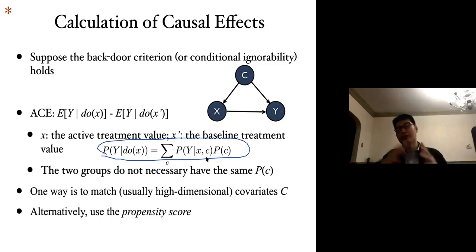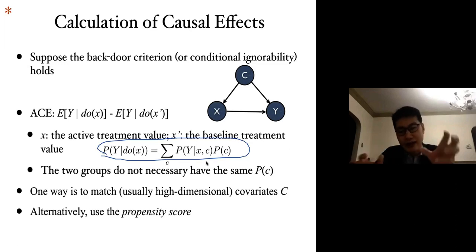So if you have randomized controlled experiments, this part, P(c), in the two groups, you have the same P(c), right? You have the same distribution for c. That's easy. However, if you don't have randomized controlled experiments across the control and the treatment group, the probability distribution of c could be different. Actually, you are considering the probability distribution of c given x.